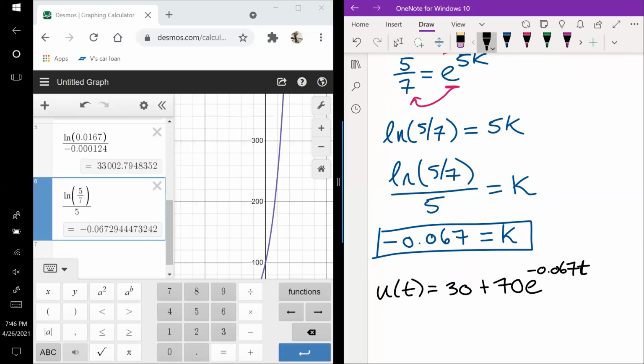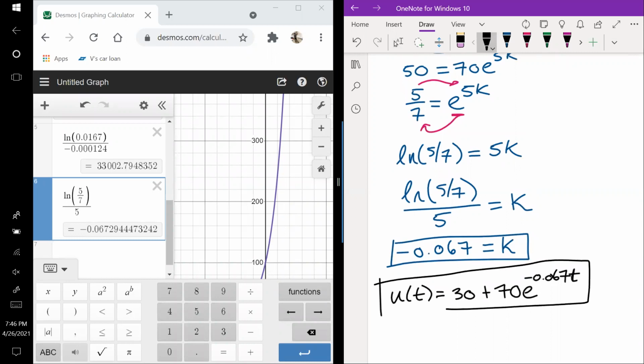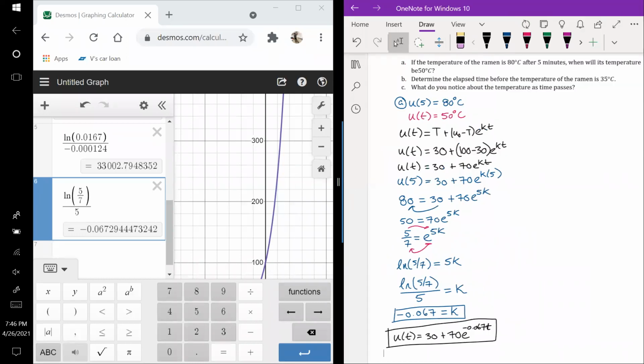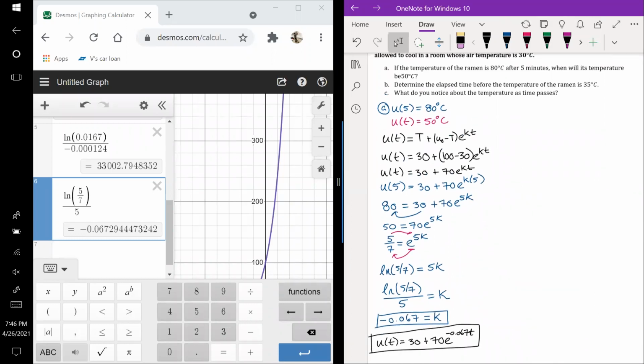Okay. And now, using this, we can find out the last part of A. The last part of A says, when will its temperature be 50 degrees? Let me box this. When will the temperature be 50 degrees? So that's U of t. Okay, so let's go ahead and use that.